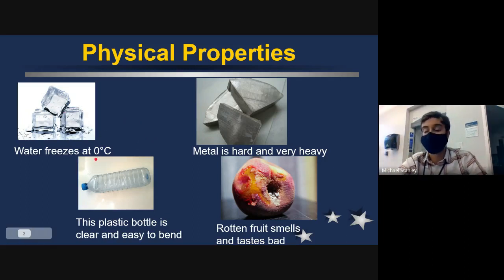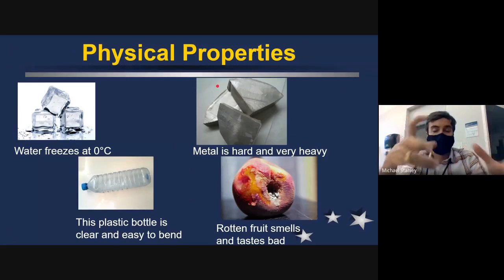So water, when it's frozen, we can take the temperature of it and it'll be at or below 0 degrees Celsius. This piece of metal right here is hard. Like if you feel it, it's hard, it's very solid. It's probably very heavy. Most metals are fairly dense, so they're heavy if you try and go and pick them up. What else? So it looks like it's silver, right?